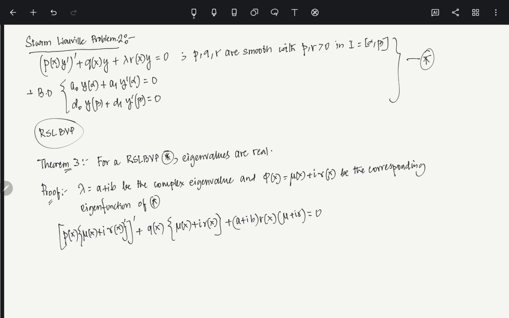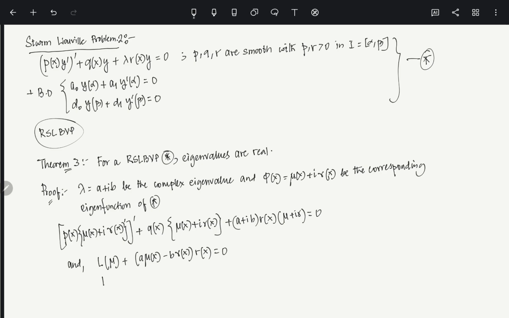Now, if you have something like this, we can break it up into real and imaginary parts. What we will have is L of μ plus (a μ(x) minus b γ(x)) r(x), and L of γ plus (b μ(x) plus a γ(x)) r(x) equals 0. This I want you to check yourself, please do that.